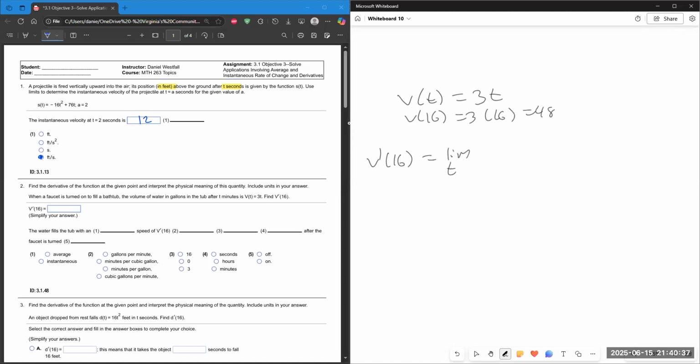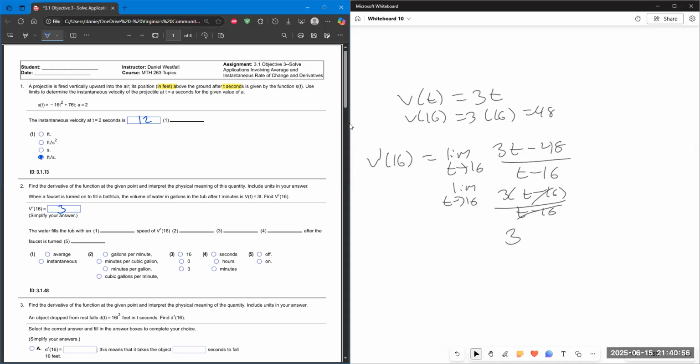The limit as t goes to 16 of 3t minus 48 over t minus 16. Since it's a linear equation, we know that the flow rate has to match the slope of 3.